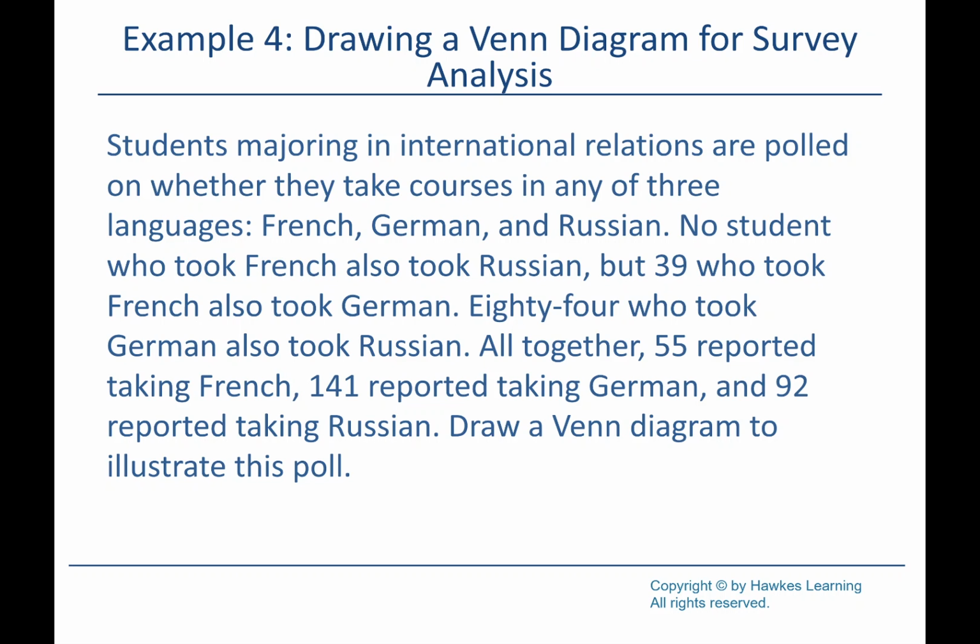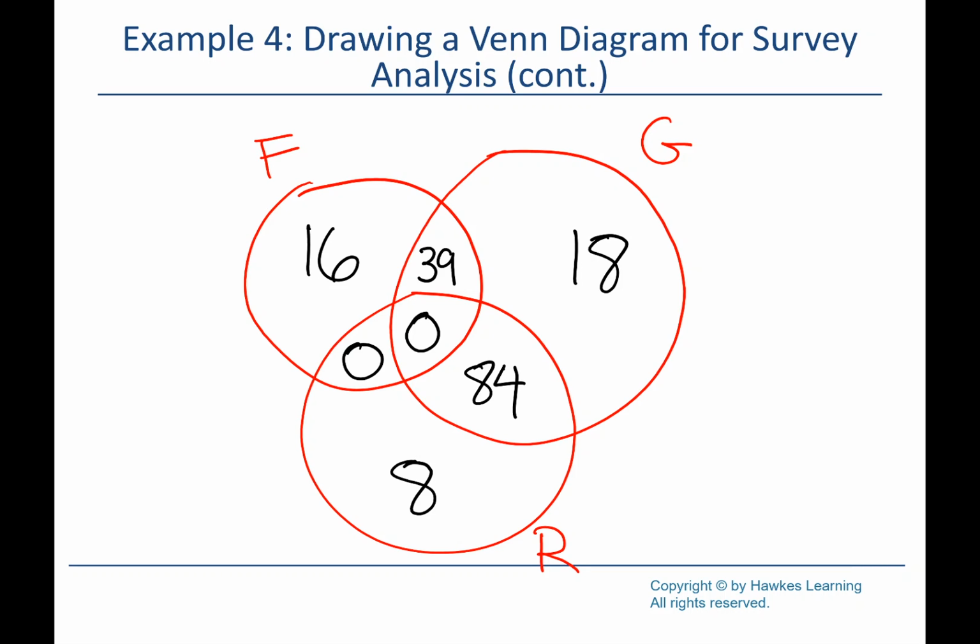You have to take the total and then subtract all of these to figure out how many would be out here. This one doesn't tell us, so luckily we get to skip it. We didn't have to do that part.